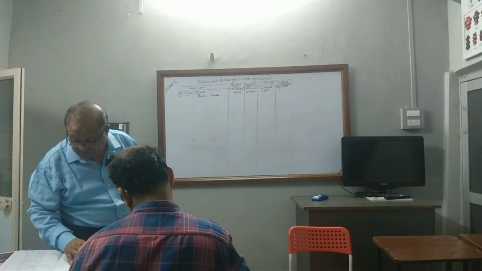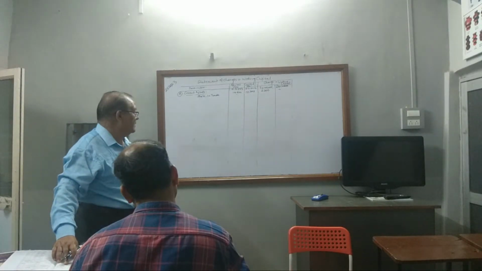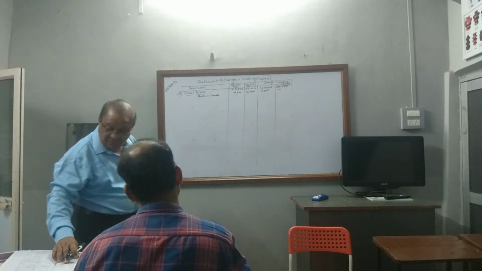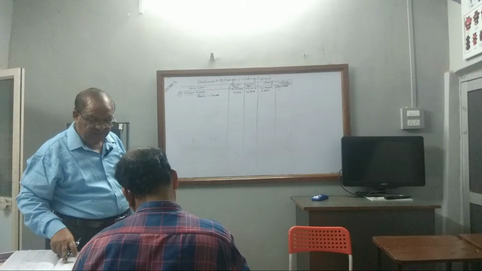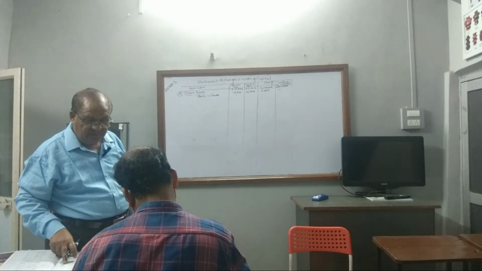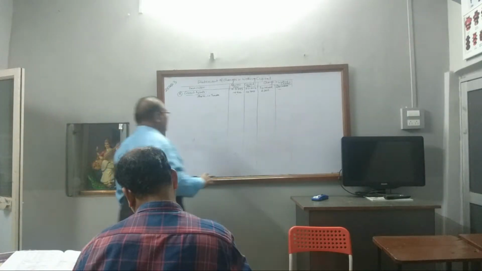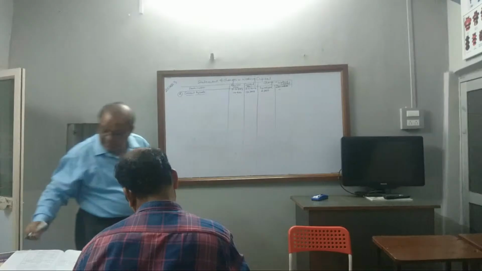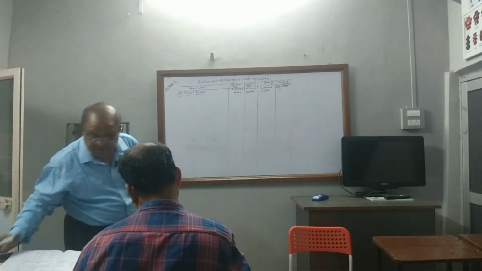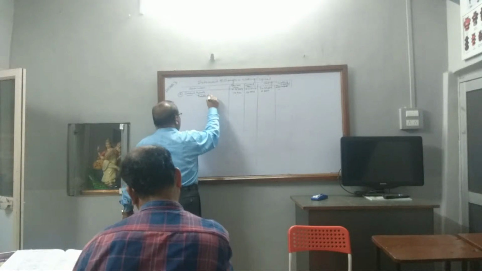Then the second item will be given here. Sorry, I made a mistake here. Stock in trade will be 49,200. Correct? So I'll change this here. What is this? This will be trade debtors.